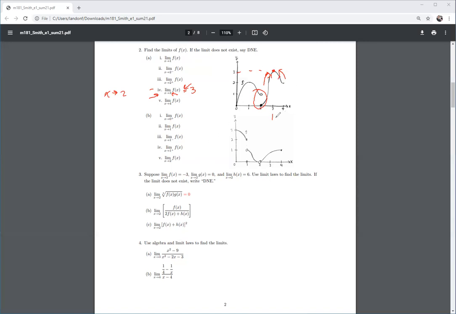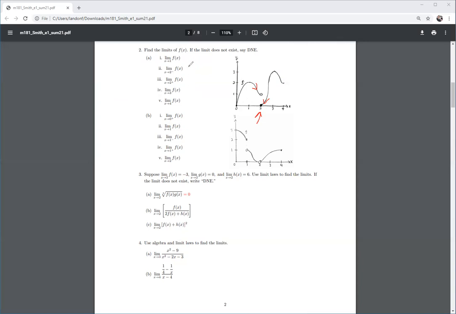Okay, cool. And yeah, if it were to go to 2, is it okay with everyone if I were to erase my work for a second? All right, if there's no objections, I'll get rid of that. If we were to approach 2, we're approaching from the left-hand side and the right-hand side, then we end up looking at the values of both of these.